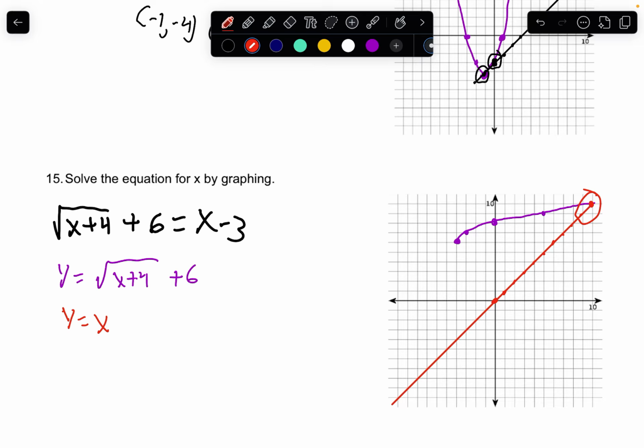Oh, wait, no, this is... So what I'm saying is I changed the problem to be that. All right? So when x is 10, why doesn't it work out?